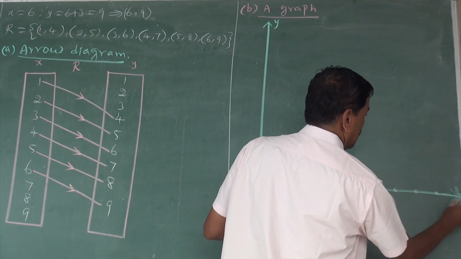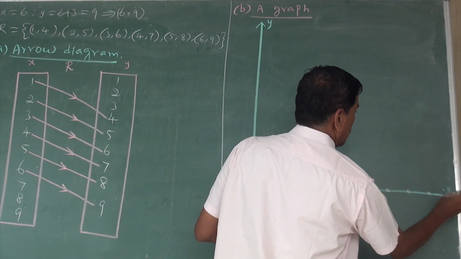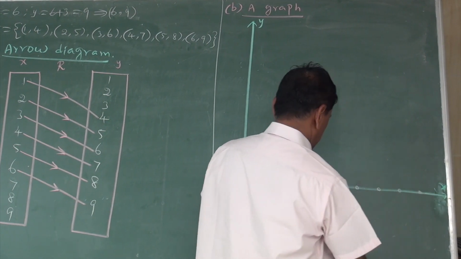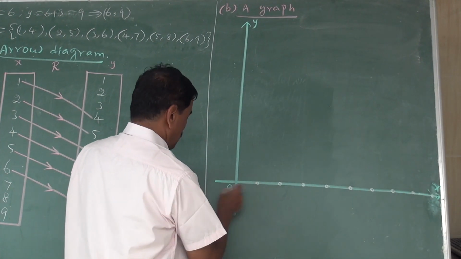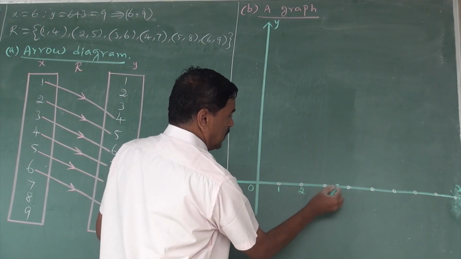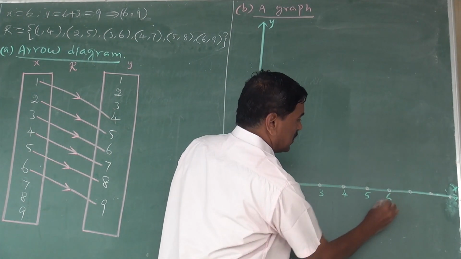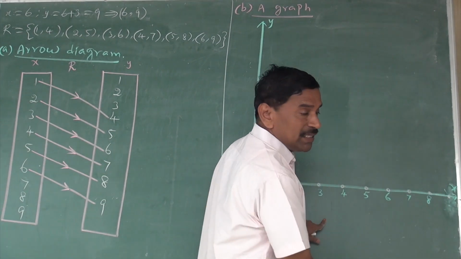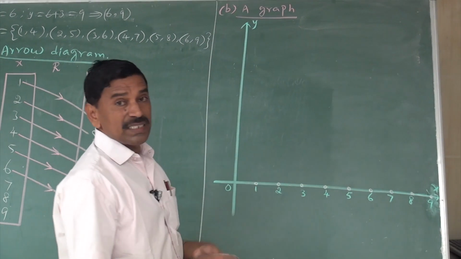So this is the x-axis, and this point is 9. Now 0, 1, 2, 3, 4, 5, 6, 7, 8, 9 along the y-axis.